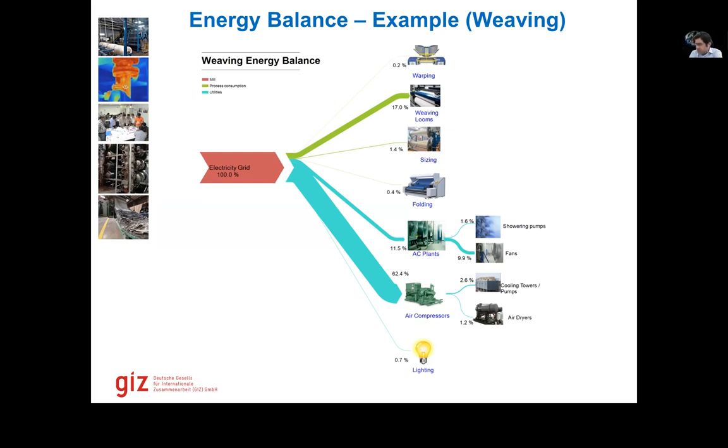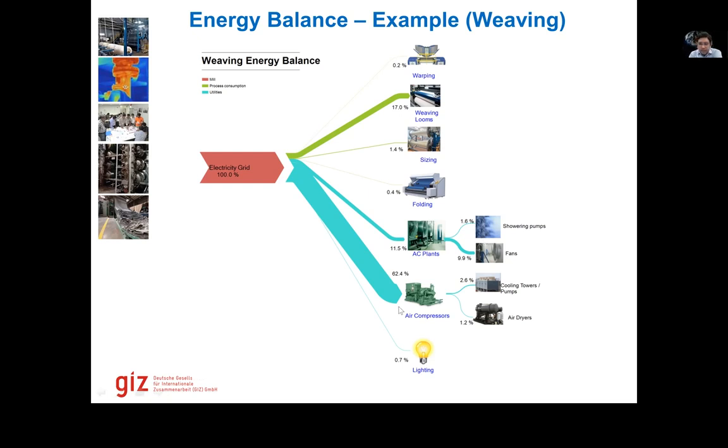So the air conditioning system and humidification system here is also very similar to spinning, where we have to do humidification, we have to do fluff removal, and we have to do a certain number of air changes inside. And inside the air conditioning or ventilation plants, fans are the bigger consumers, and then we have pumps, which are also smaller consumers.